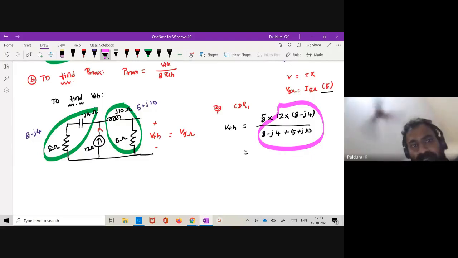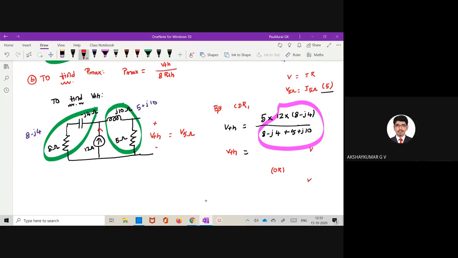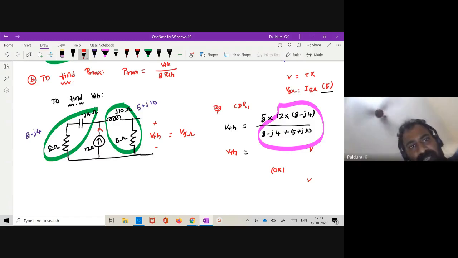So now what is this value? What is my VTH in terms of volt? Sir, 37.48 at an angle of minus 51.34 degree. That is the polar form.